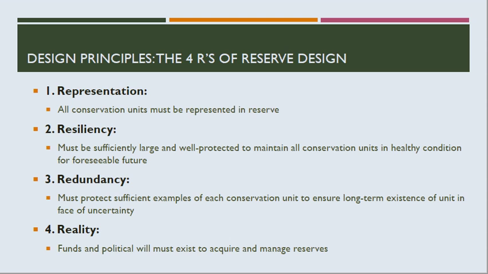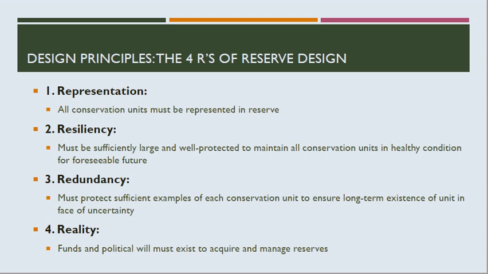If the reserve simply doesn't contain enough individuals of that particular species, then it's not going to conserve that species. So the reserve must hold enough individuals or populations of those species to be able to show redundancy.